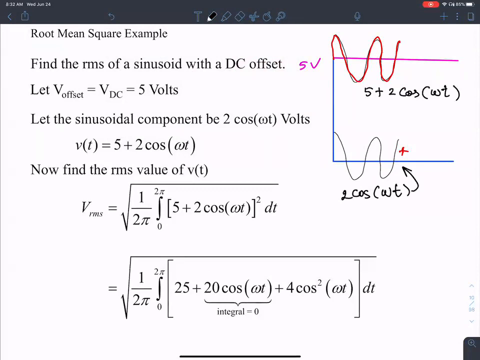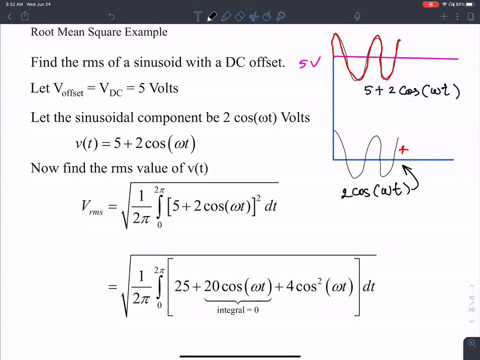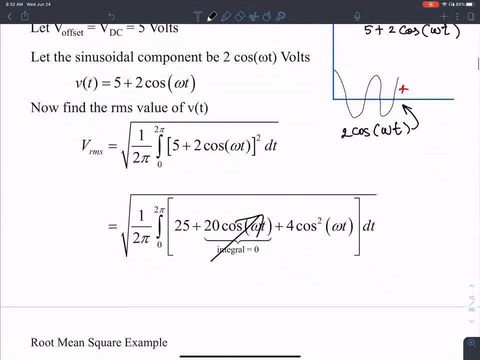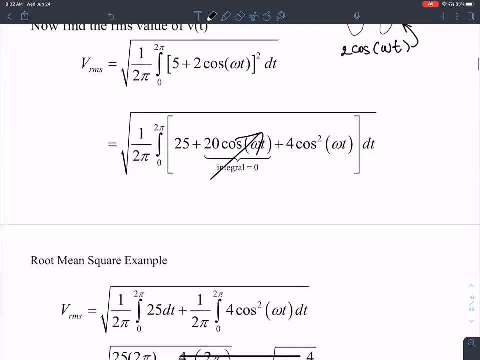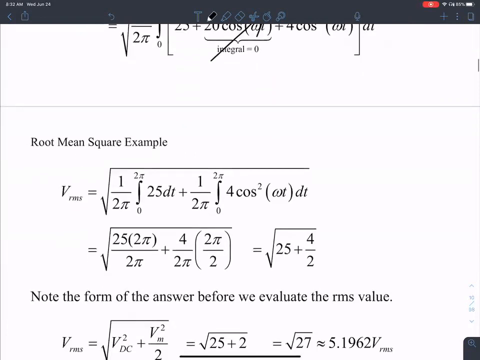That's the calculation of the root mean squared value. The cross term goes to 0 because you're integrating a cosine wave over one full wave. Then we can find the VRMS. We can continue the calculation.